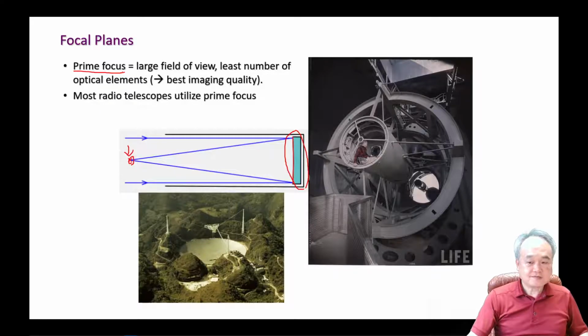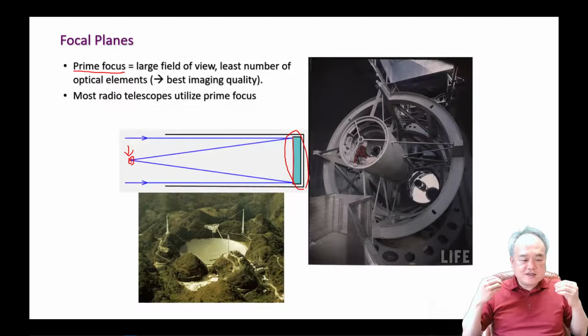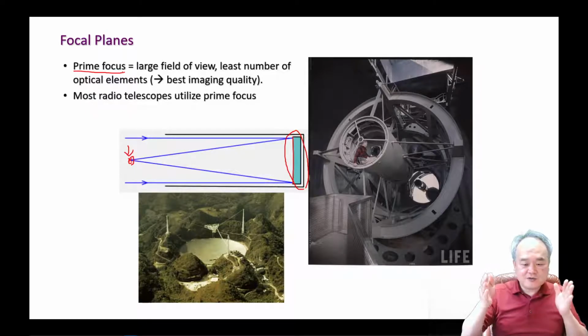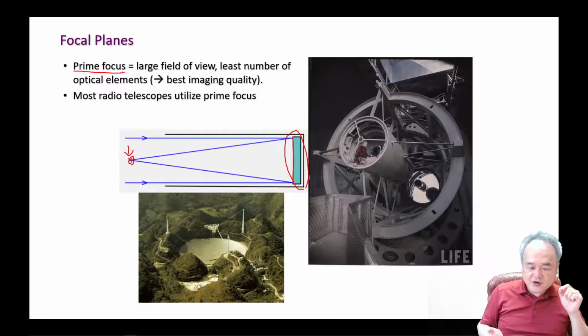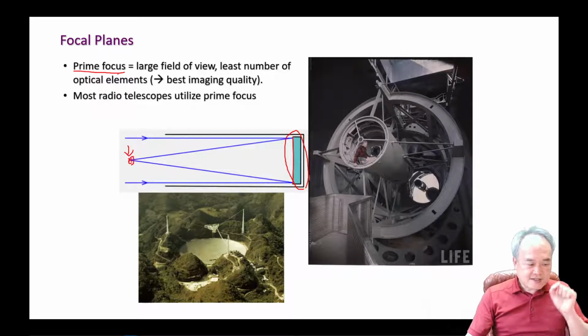Okay, and prime focus usually provides the largest field of view for a given telescope, and because it uses only one mirror, one optical element, the primary mirror, its image quality is only affected by the imperfection of that single optical element.